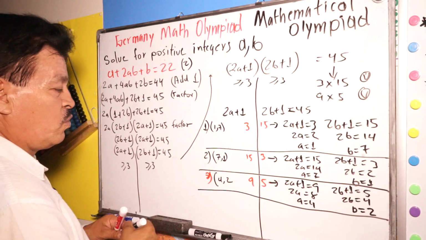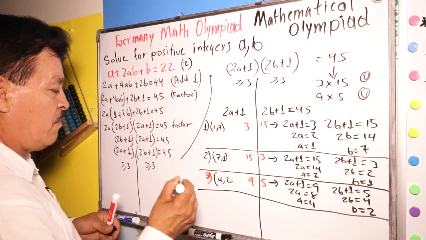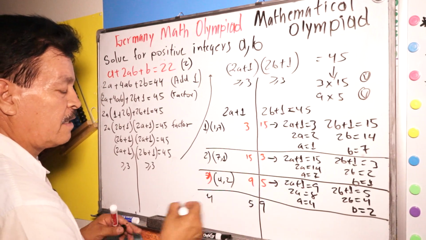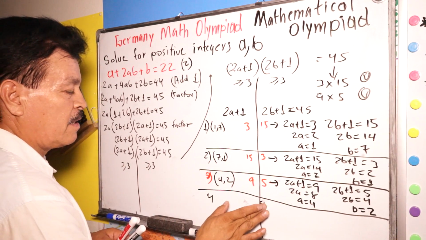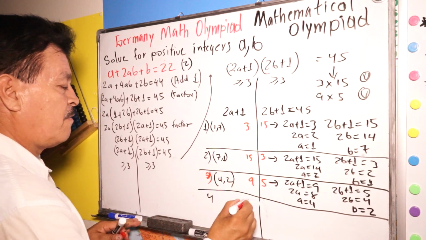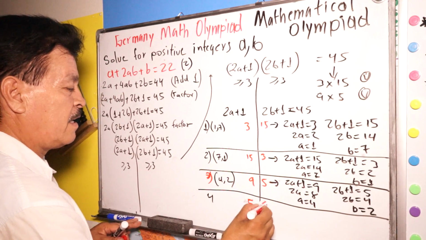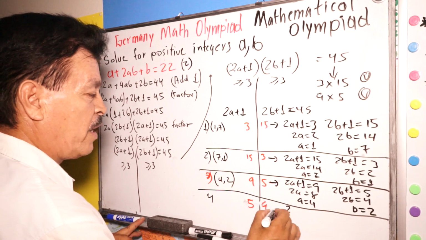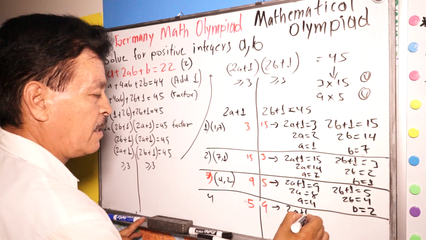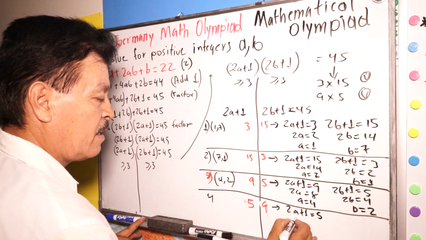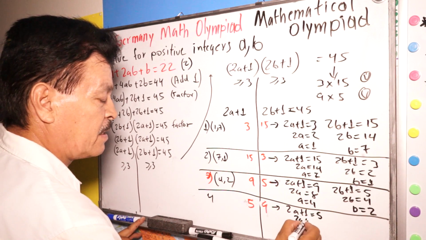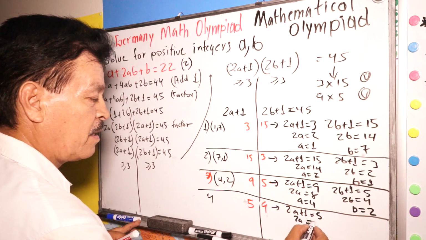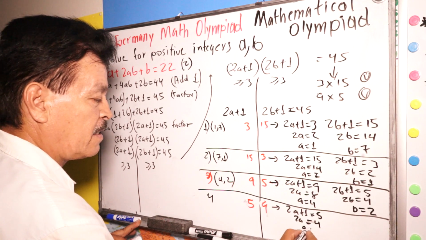All right. Next solution is number 4. Here we have 5 and 9. Let me write the numbers. So this is 2a plus 1 equals 5. Then 2a equals 4, and then a equals 2.